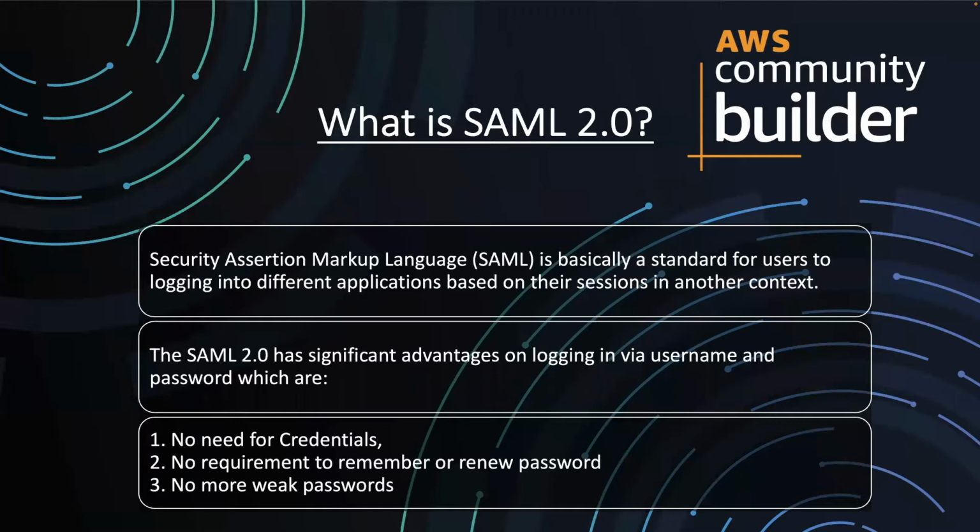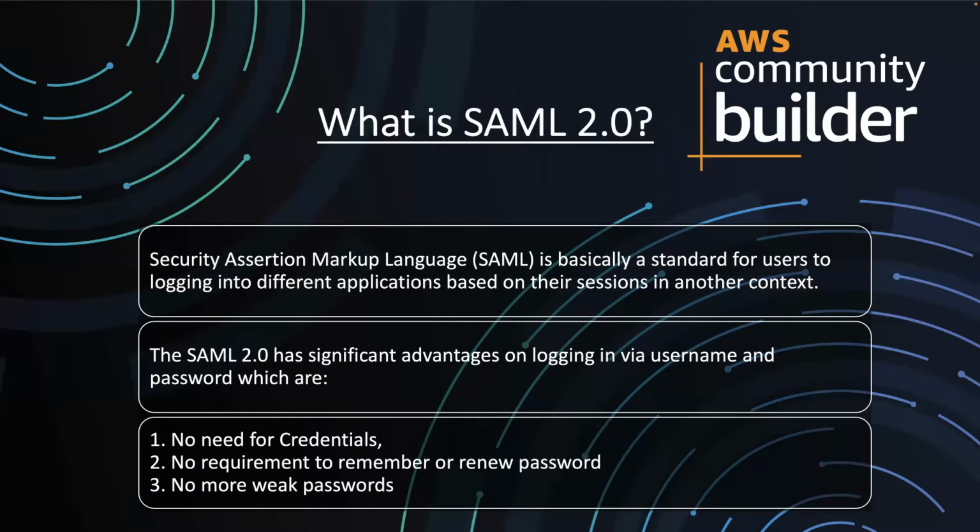AWS Single Sign-On supports identity federation with SAML, that is Security Assertion Markup Language, version 2.0, for its execution. So what exactly is SAML 2.0? SAML 2.0, which stands for Security Assertion Markup Language, is mainly a standard for users to log into different applications based on sessions in another context.